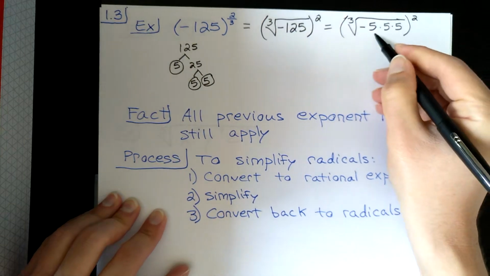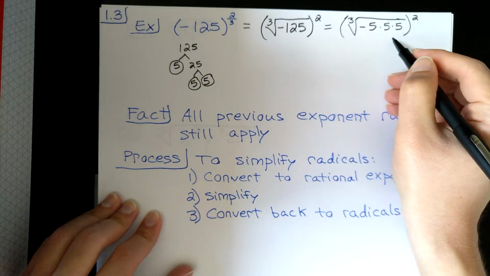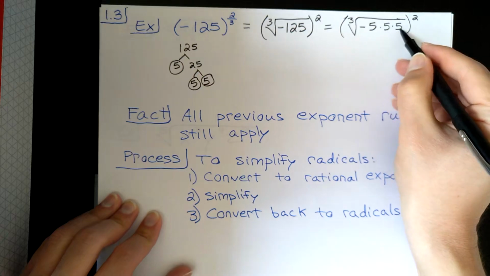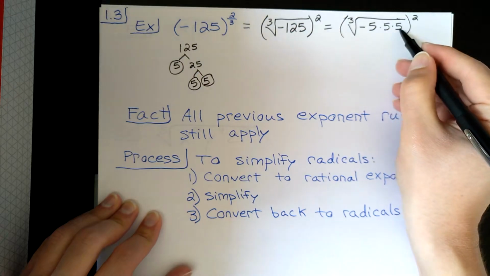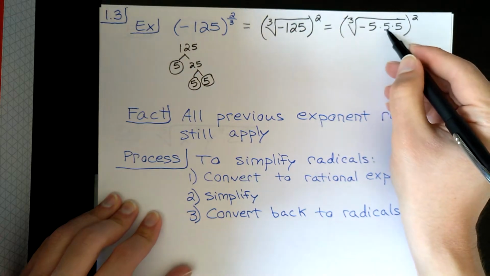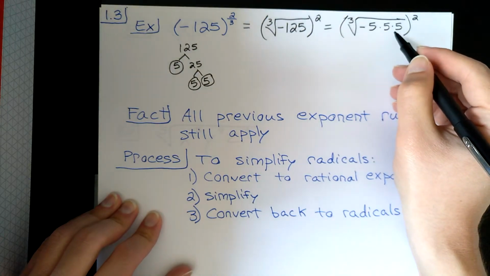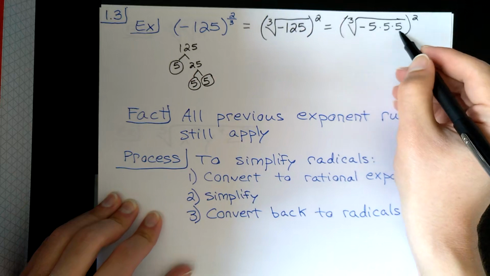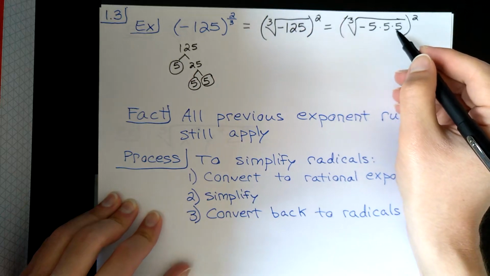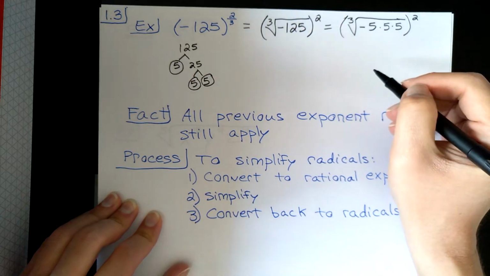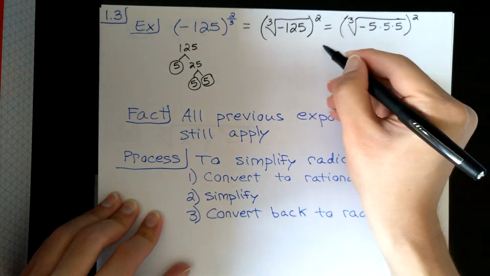And remember the trick that we talked about in the last video. For every pair of positive factors, you can change them to a pair of negative factors that are being multiplied, and it will not change the problem, because two positives multiplied together have the same result as two negatives multiplied together.